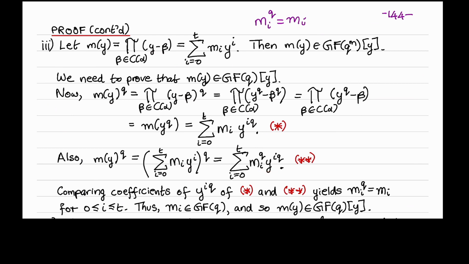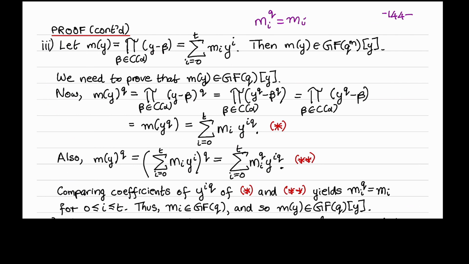Now the expressions star and double star are two ways of expressing the polynomial m of y to the power q. And hence star equals double star. We can now compare coefficients of y to the iq in star and double star. And we see that m_i to the power q equals m_i.